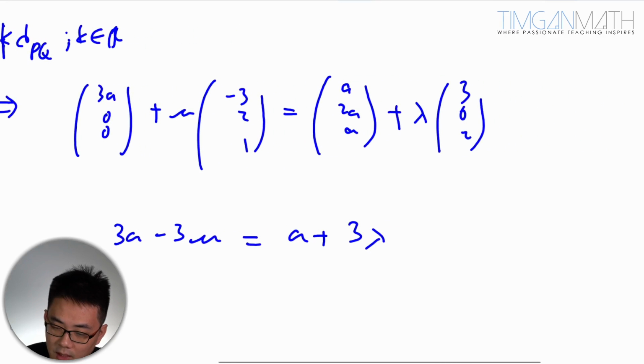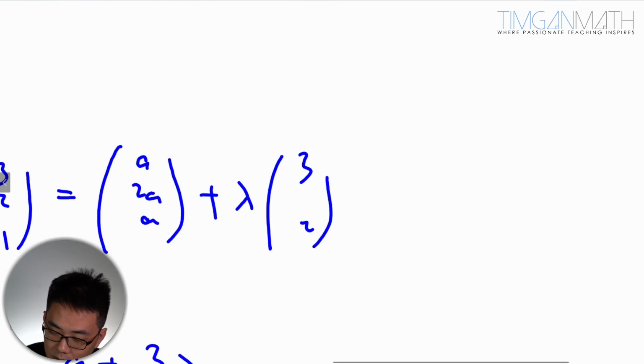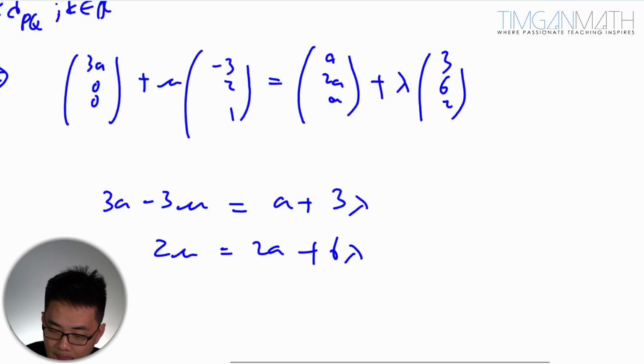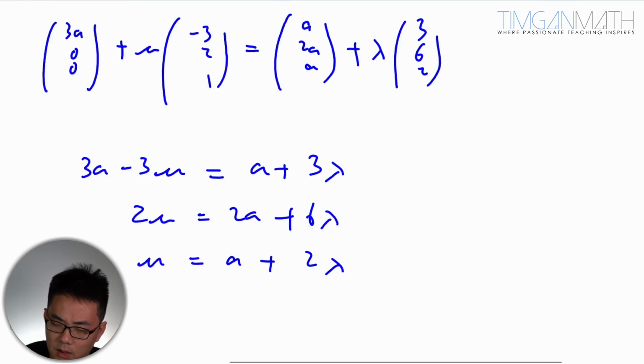So I'm going to take the x out. Then for the y, 2 mu equals to 2a plus 6 lambda. And for the z, mu equals to a plus 2 lambda.